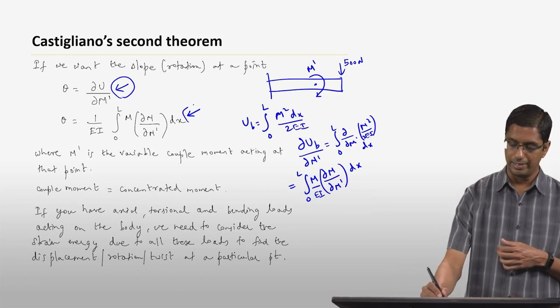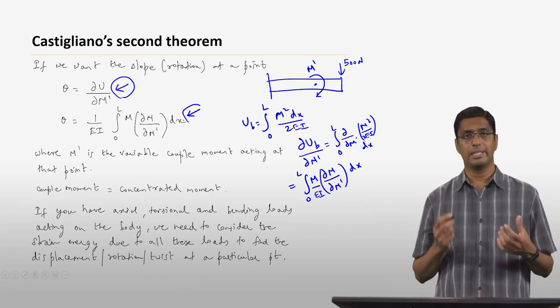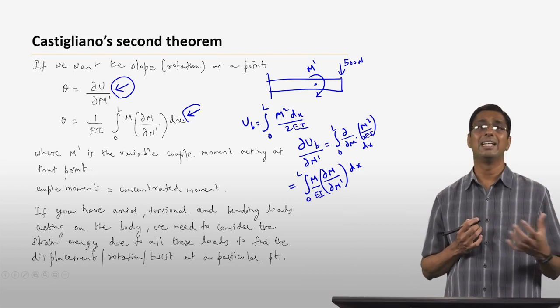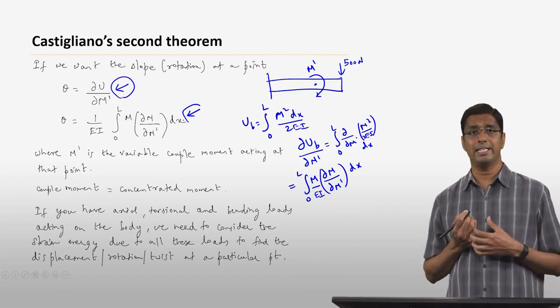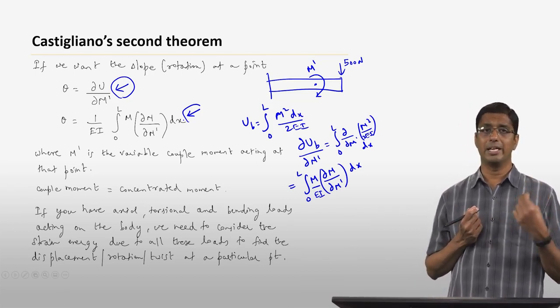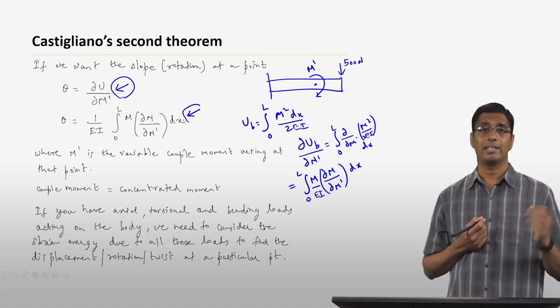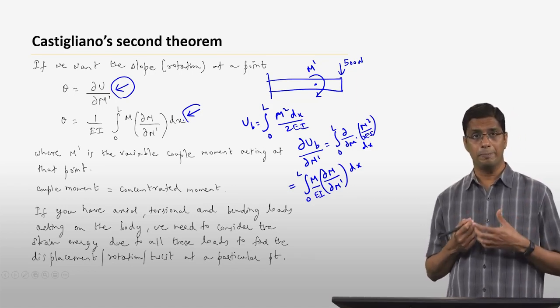Okay, and that is what we have here. Okay, so essentially the expression for theta is very similar to the expression for delta, except that in this case you take the derivative with respect to m prime rather than the derivative with respect to p.